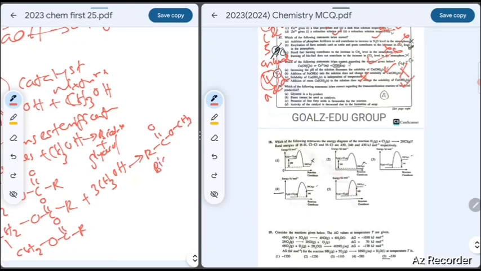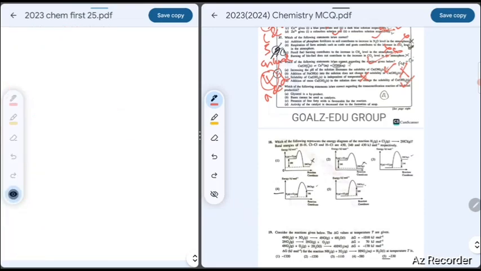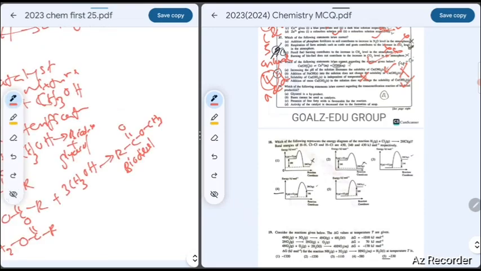This is biodiesel. And what is the other one formed? Glycerol. That is OH, CH2, CH, OH and CH2OH. So glycerol is formed. So glycerol is a byproduct, that is correct.